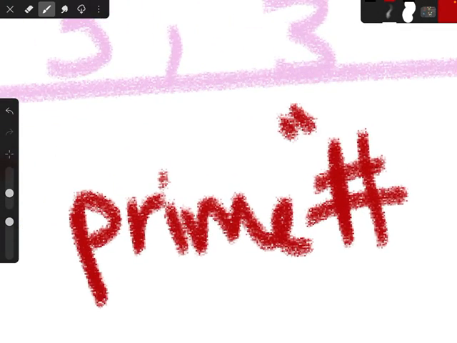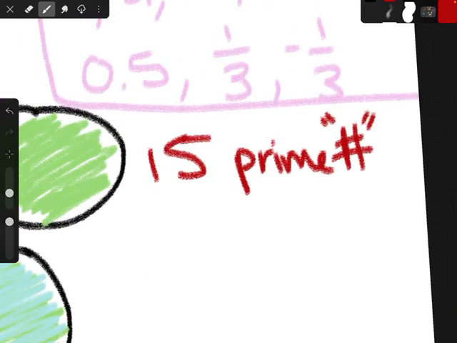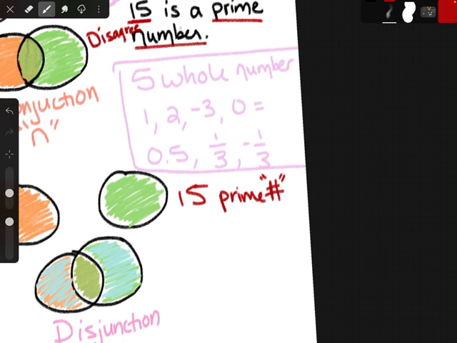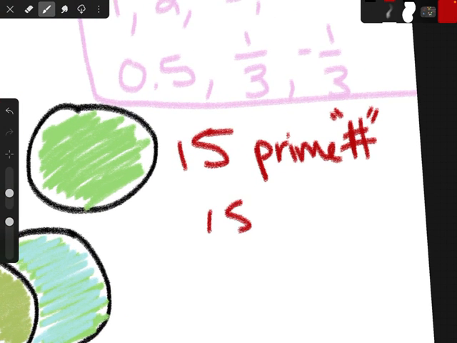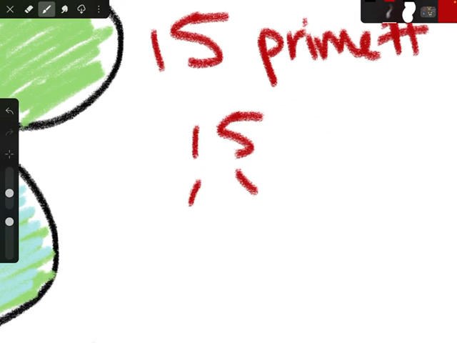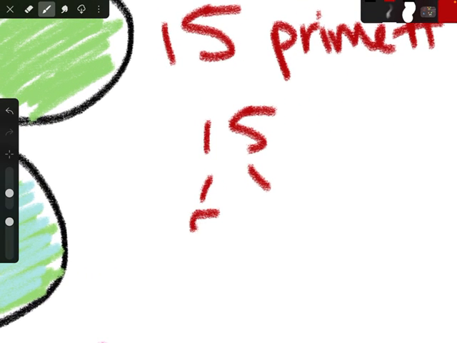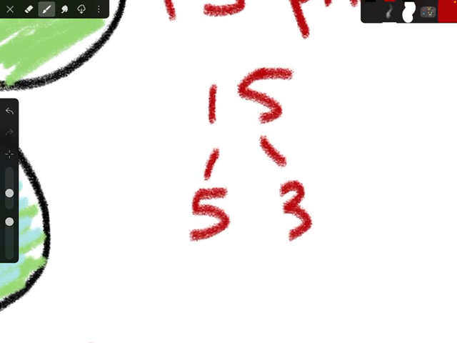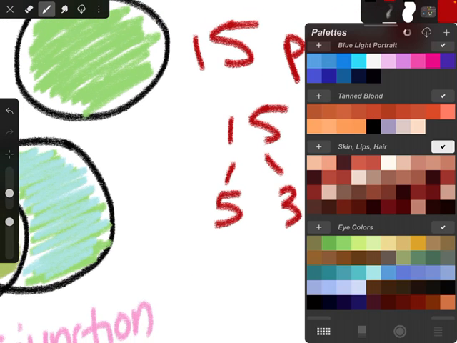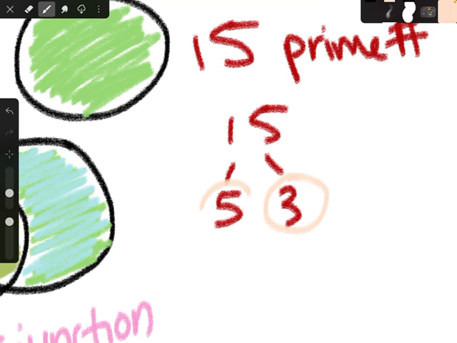Just to let you know. So 15 prime number, right? I disagree with that because if I do my prime number tree, you guys remember this, right? 5 and 3, right? 5, 10, 15.